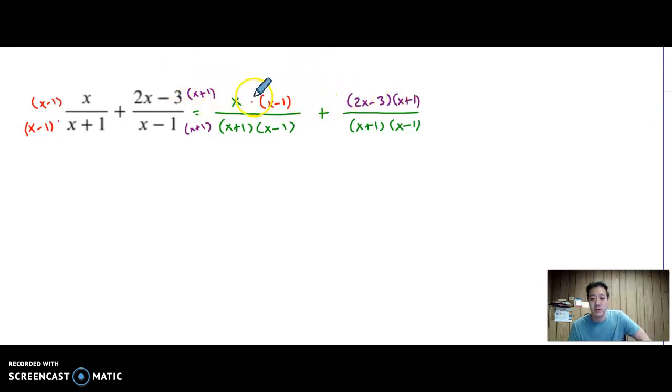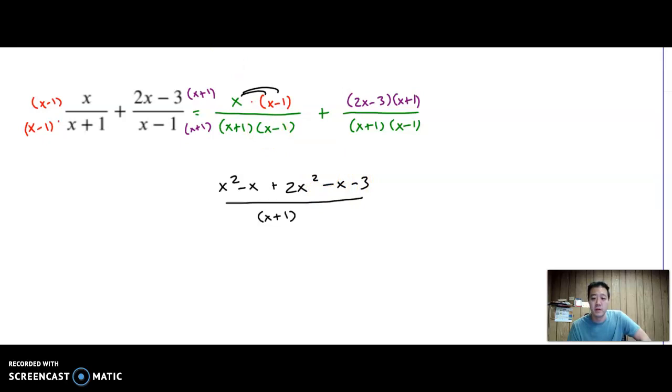Okay. So now what you got to do is you have to distribute this x. You have to double distribute here. And so that's x squared minus x. And then over here, it ends up being 2x squared minus x minus 3, I believe, after you combine like terms.